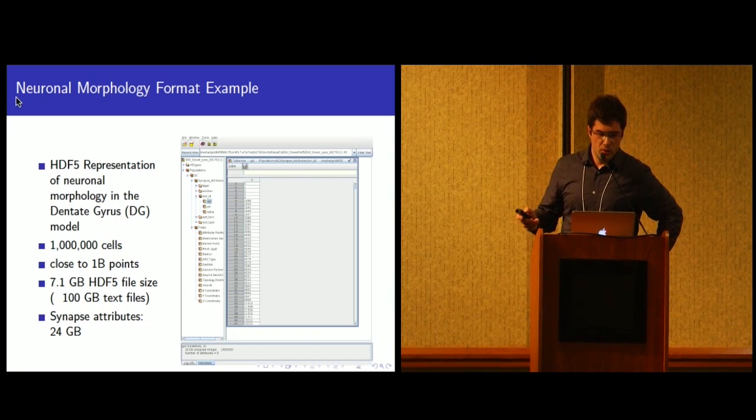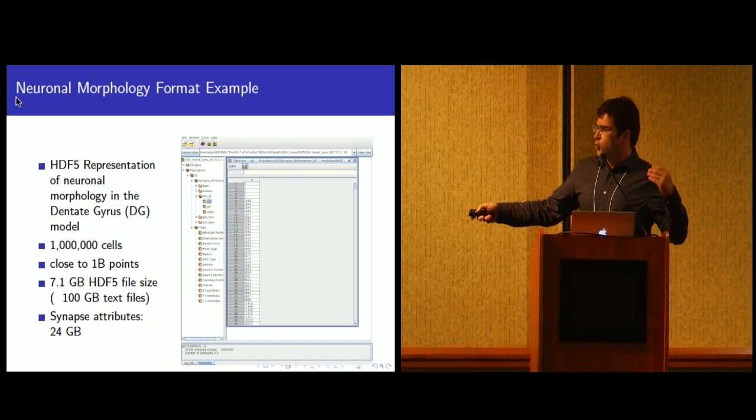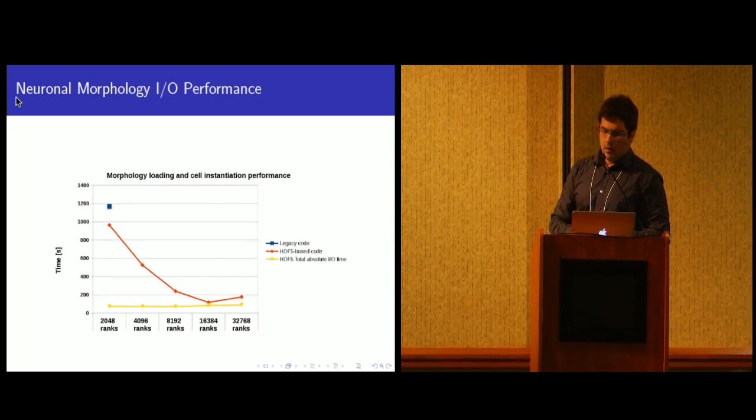The HDF representation of our initial conversion for 1 million cells and about 1 billion points resulted in a 7 gigabyte compressed HDF5 file, and of course ridiculously large text files. And then we have been extending this with additional attributes for synapses, the locations where connections are made. This has resulted in a total file size of about 24 gigabytes compressed HDF.